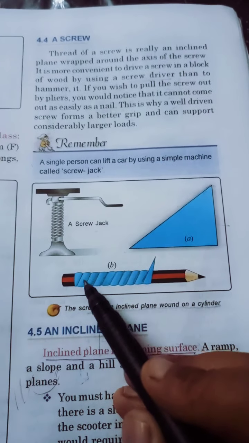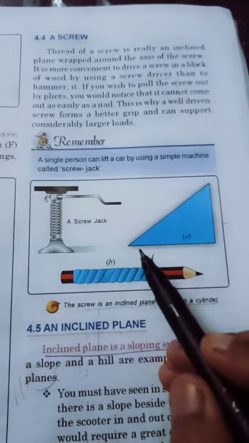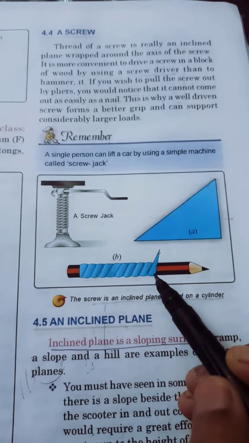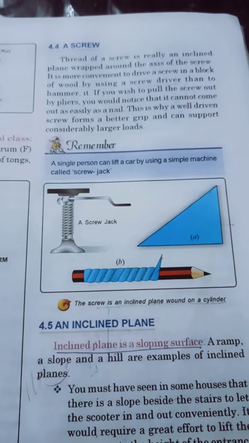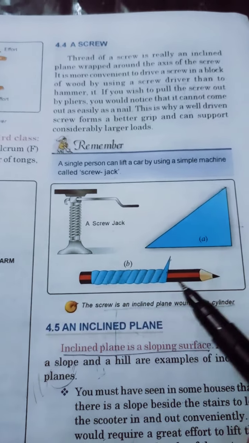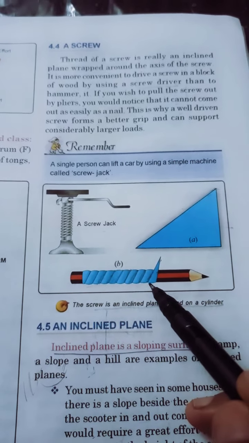See its shape, this one and then this. So this is how exactly we can see it over here. If we wrap a thread or any other thing on a screw, it will look like this.